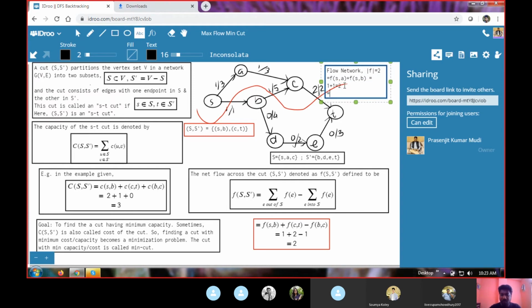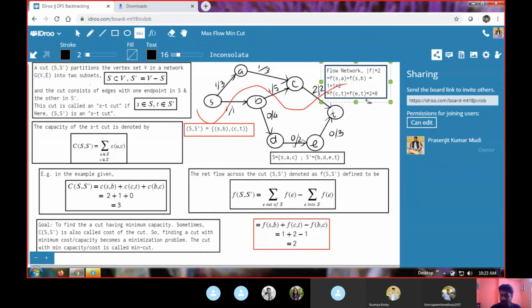Or it is also equal to the sum of all the flows of all the edges incoming to the sink vertex T. So it is also equal to f of C comma T plus f of E comma T, and their flows are 2 and 0.